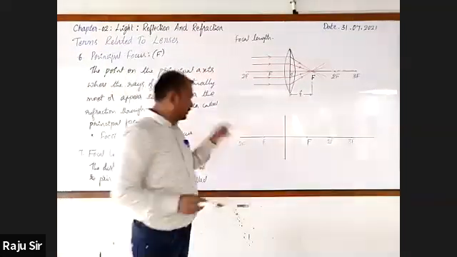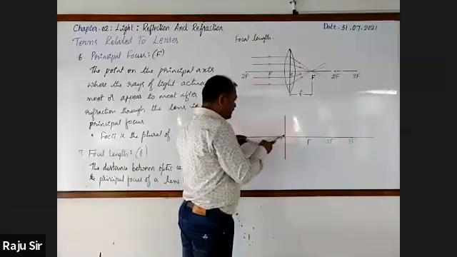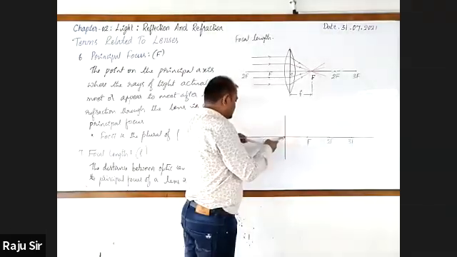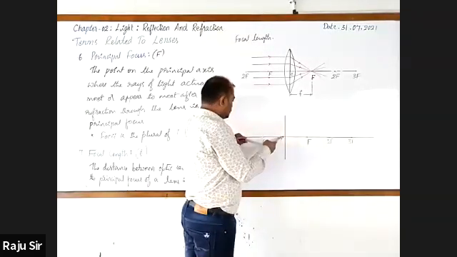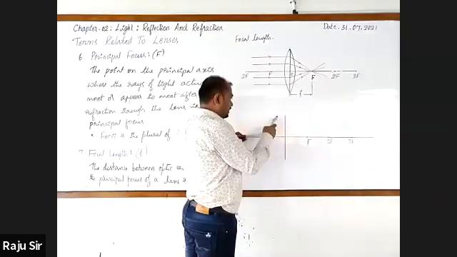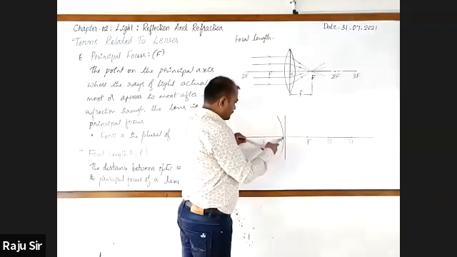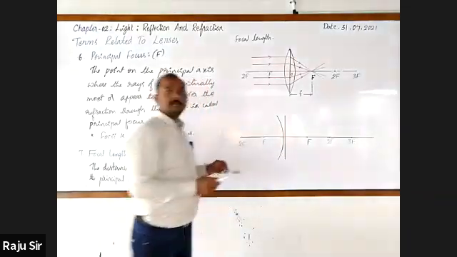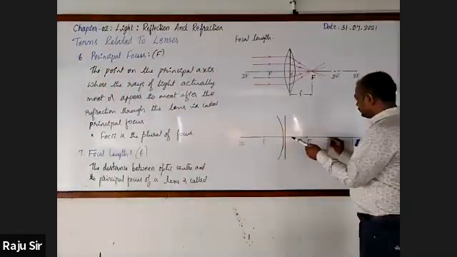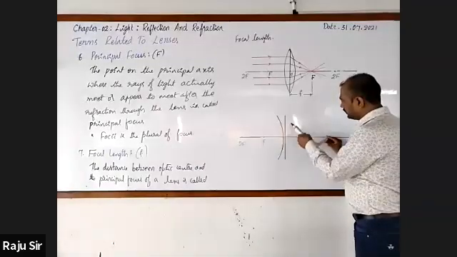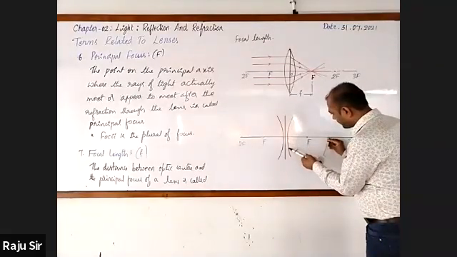Now, with the 2F as center and the radius just less than the distance from 2F to this aperture, see, I take only this much, draw an arc. Over. Similarly, with the 2F as center on the other side, without changing the radius, draw one more.